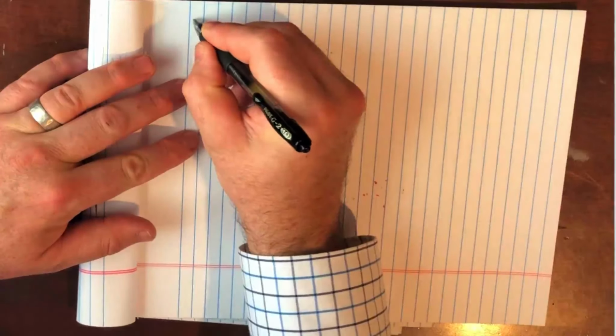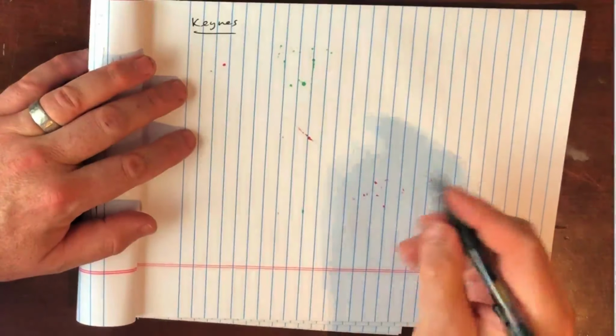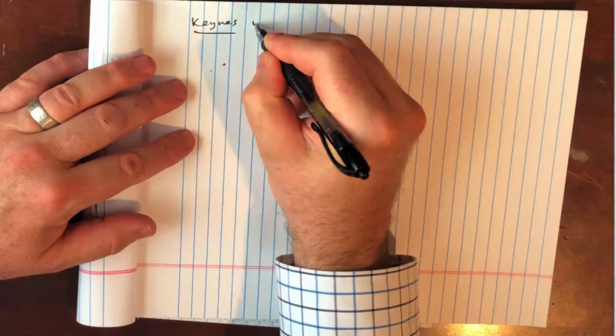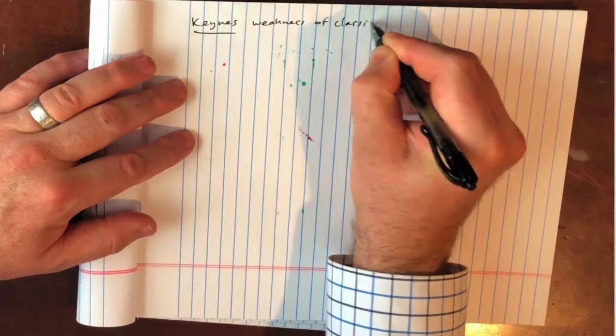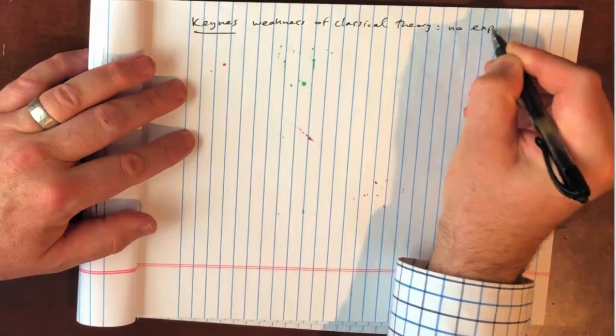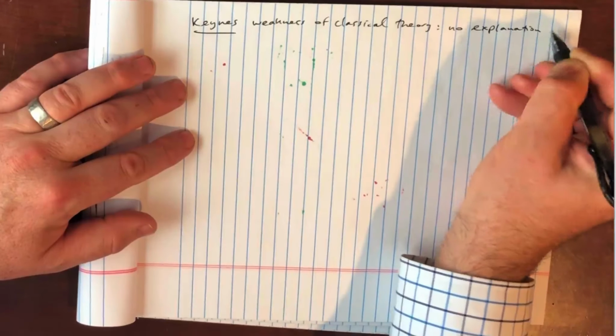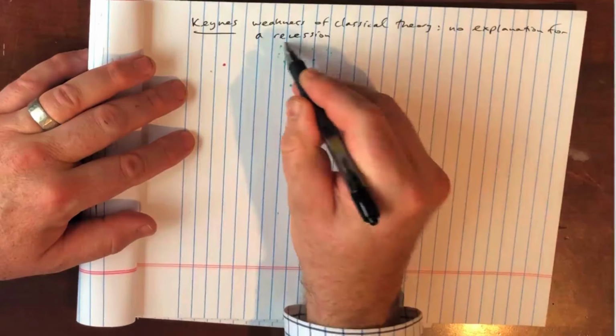So Keynes offers an explanation for this, right? It says, the weakness of the classical theory is that there is no real explanation for what is happening during a recession, right?